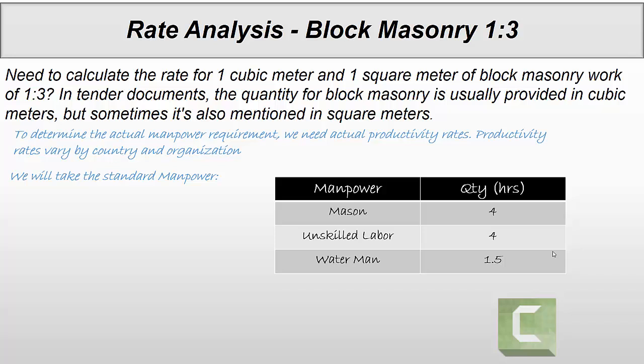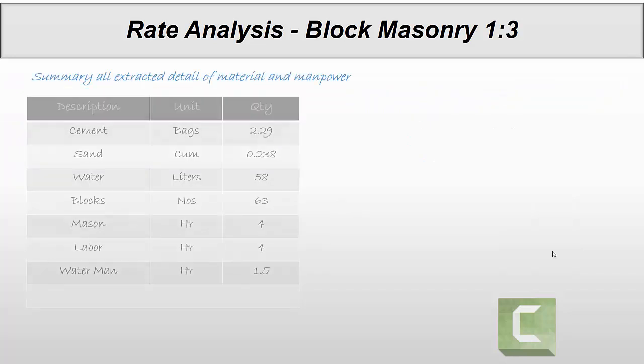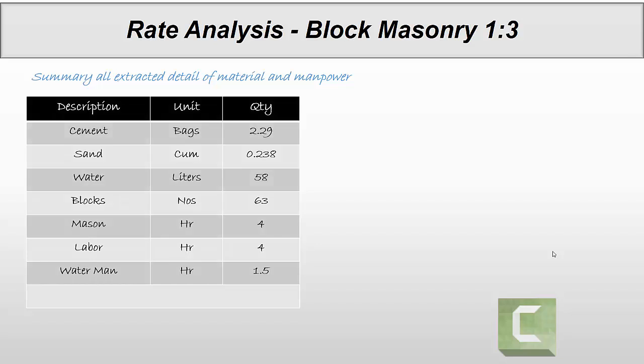Now we have materials required and manpower required. We will summarize all the details of material and manpower here: cement, sand, water, blocks, mason, labor, waterman. Now we insert rates.